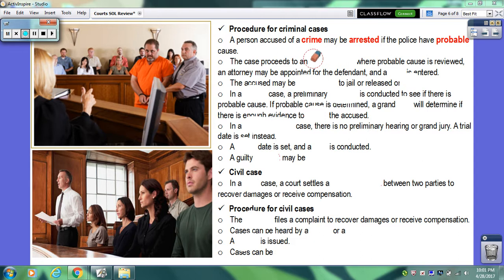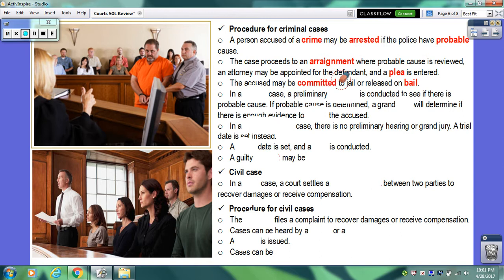So the case would proceed to arraignment, where probable cause is reviewed, and an attorney may be appointed for the defendant, or the defendant may hire his own attorney, or may actually waive an attorney and decide to represent themselves in court. During this arraignment, a plea is entered, and that plea will be either guilty or not guilty. And the case progresses from there.